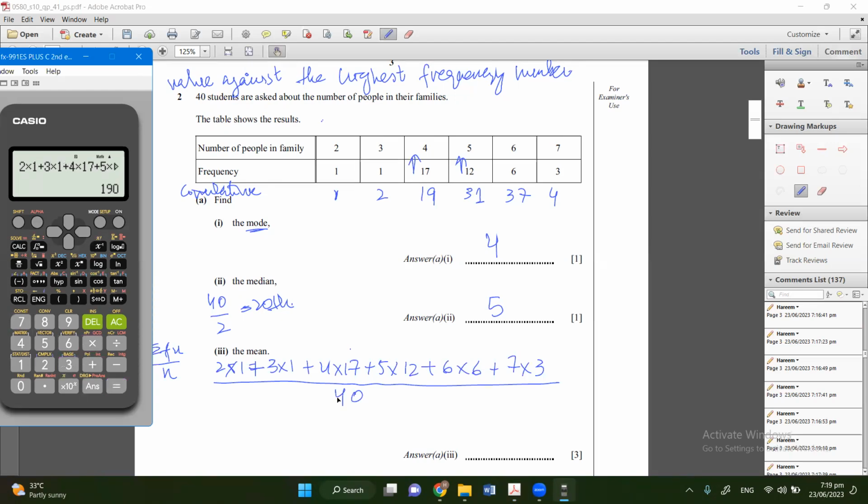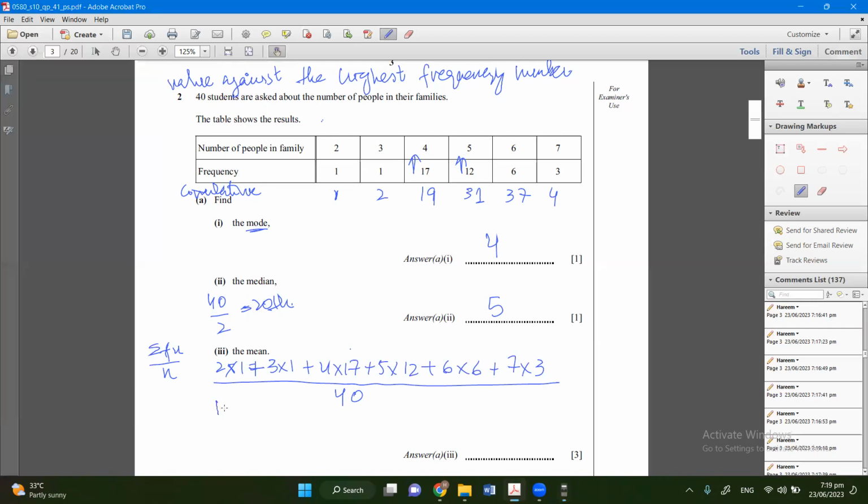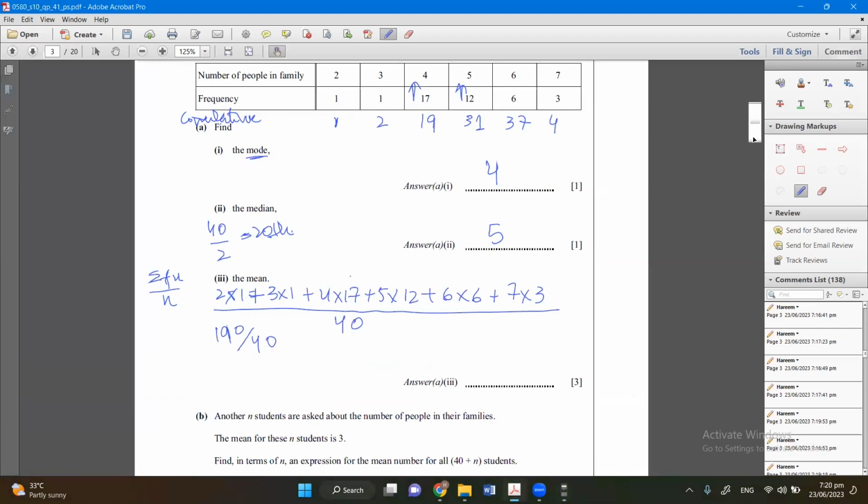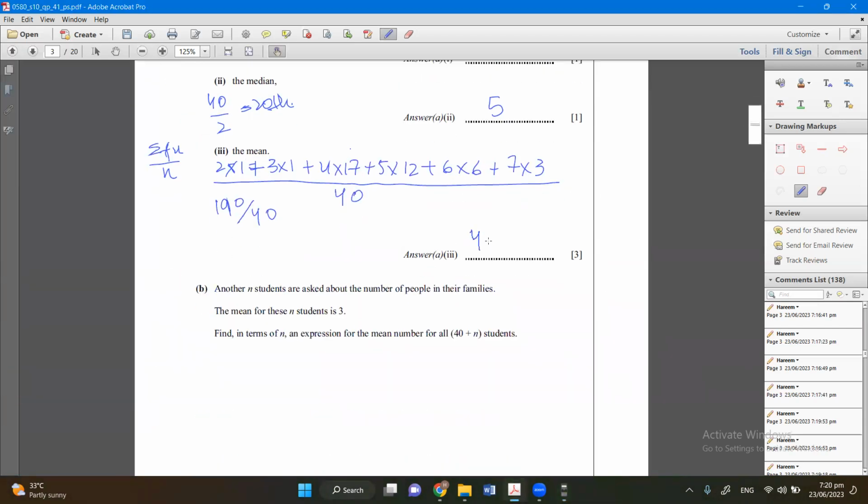It makes up 190 over 40. So 190 divided by 40 equals 19 over 4, which is 4.75. Yes, the answer is 4.75.